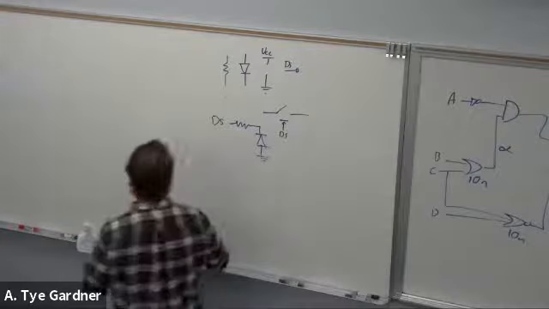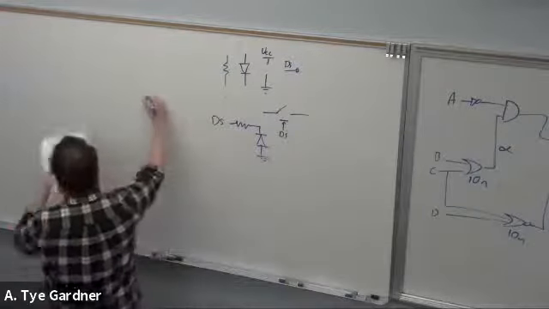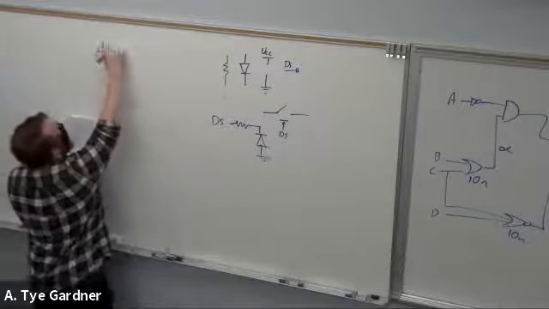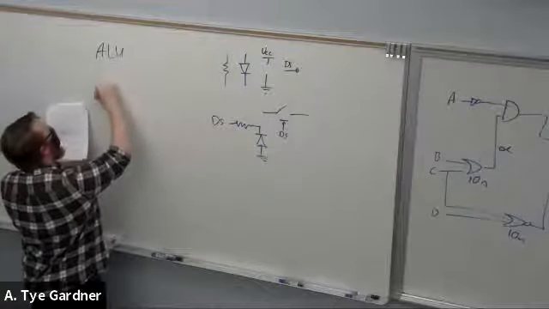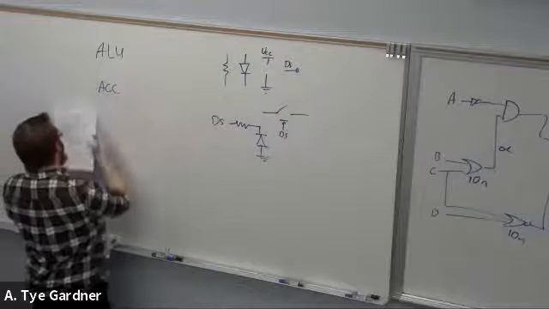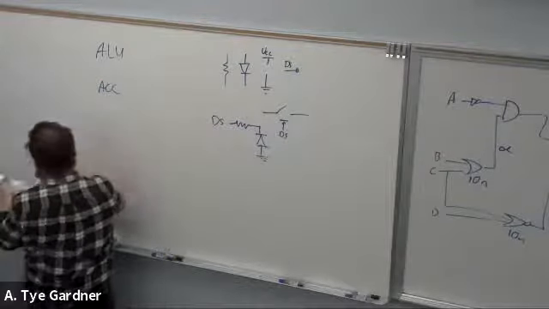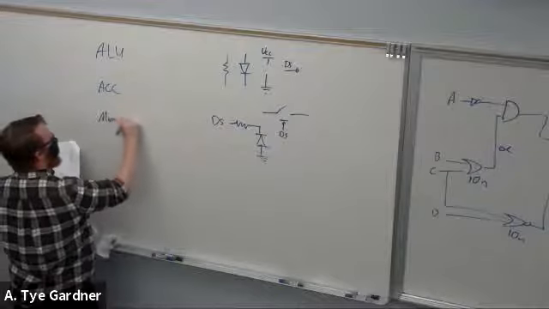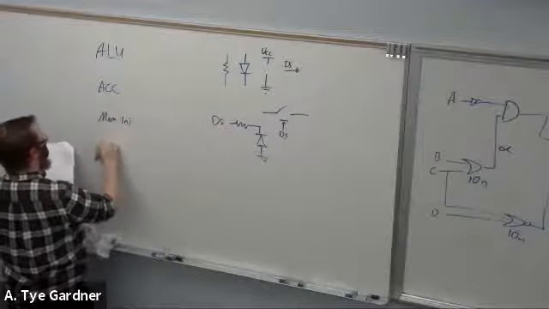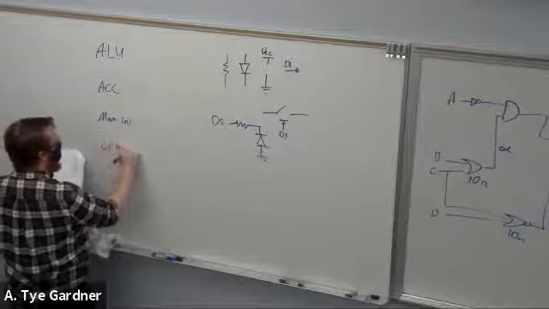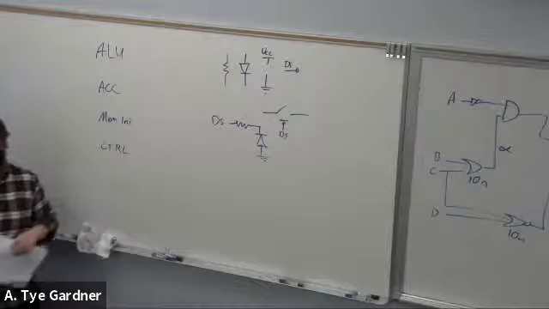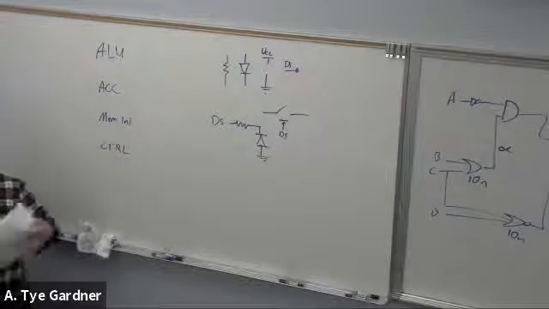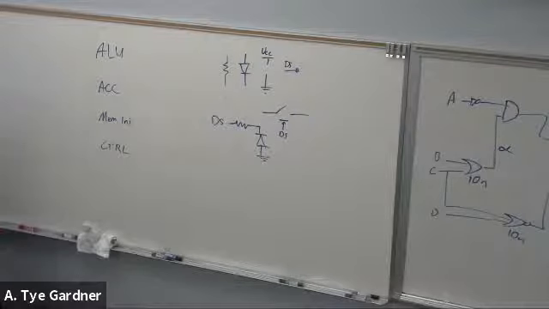Combinational logic, sequential logic. Okay, so we have an ALU, an accumulator, the memory interface, and the controller. That's what I listed. Are they combinational or sequential? What is the ALU?